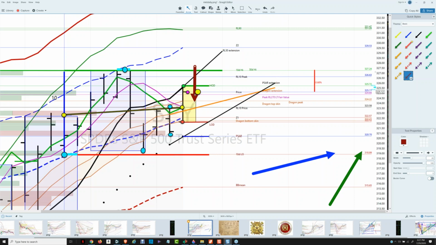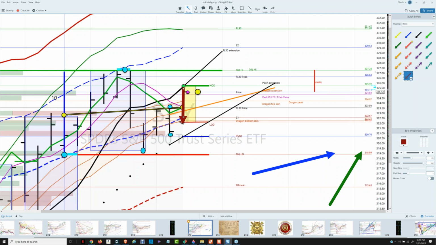So that's the first one. Then we have the peak of the dragon at 324.22. The RL10 price itself at 323.58. Then the spine of the dragon, Z1, and the bottom skin of the dragon and the low of the day.